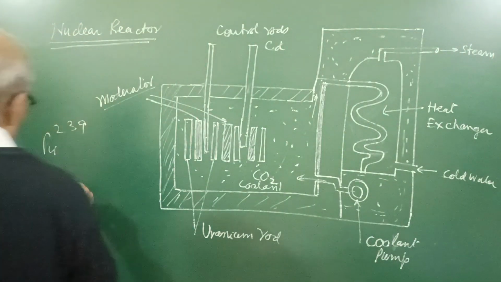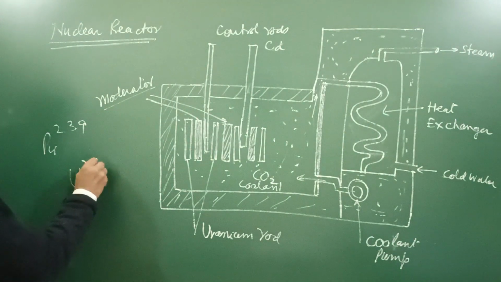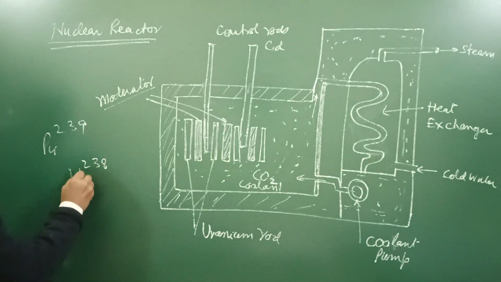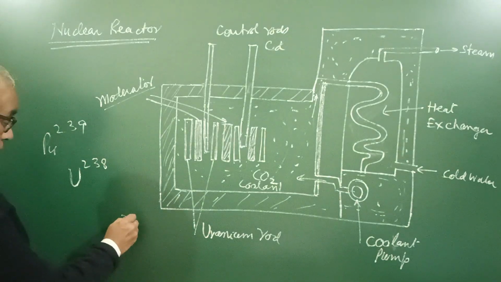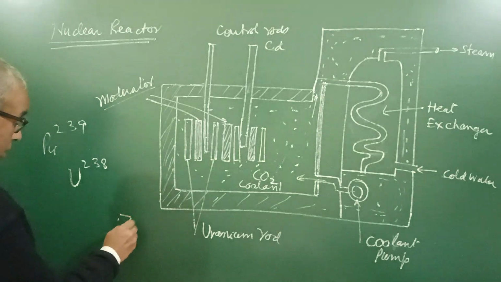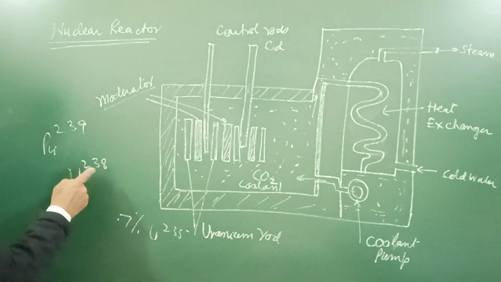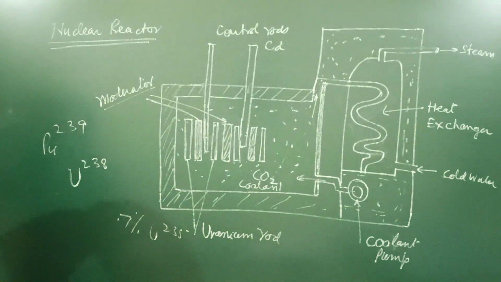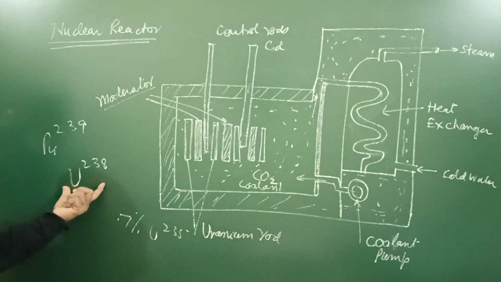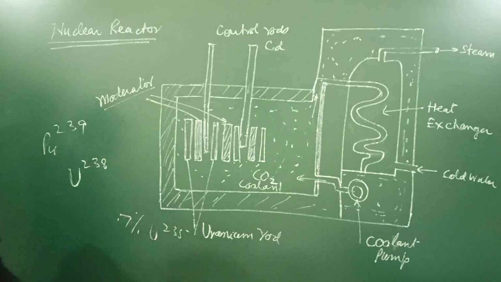Only 0.7% of naturally occurring uranium is uranium-235. The majority is 238, which is not easily fissionable. This can be converted to plutonium in a nuclear reactor.